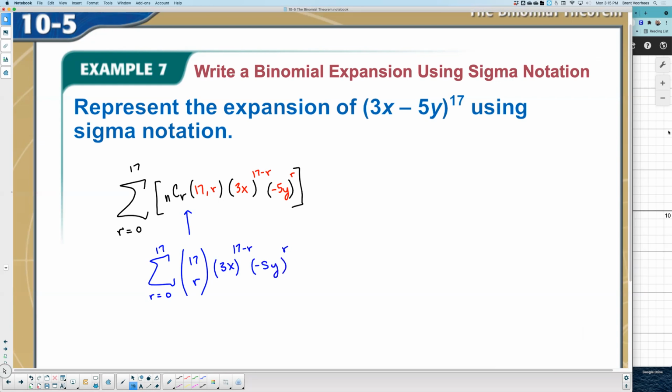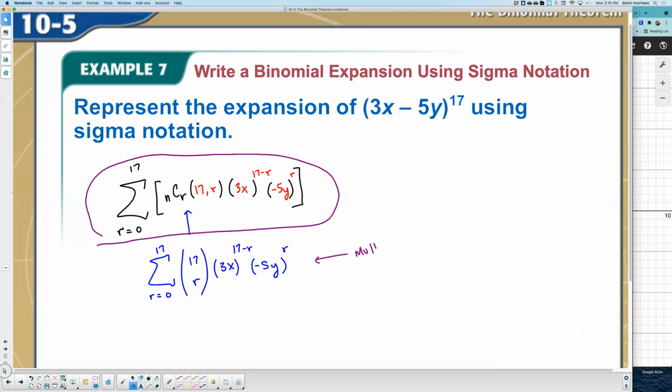And so here's the way I would write it in sigma notation. So I'll circle that one up. Here's the way the DOL on the next slide, the multiple choice on guided practice number 7, is written.